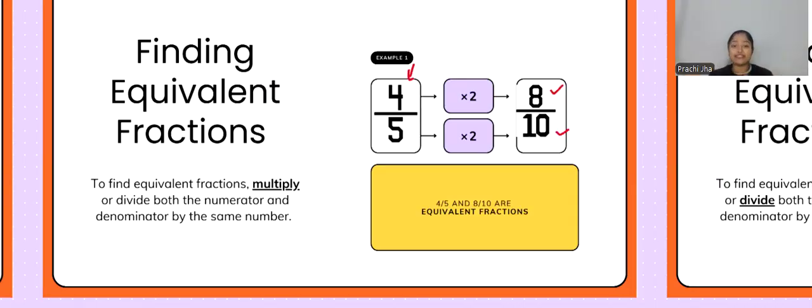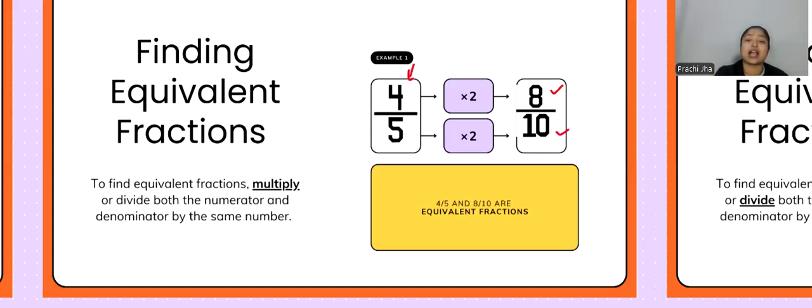So 4 over 5 and 8 over 10 represent the same thing, which we call an equivalent fraction. It is very important that you multiply both the numerator and the denominator by the same number. Now, why do we do it?